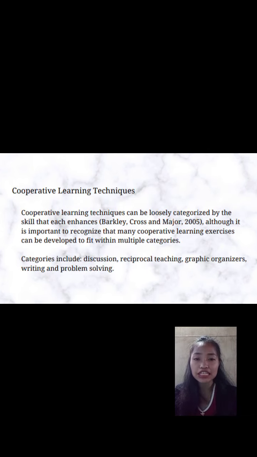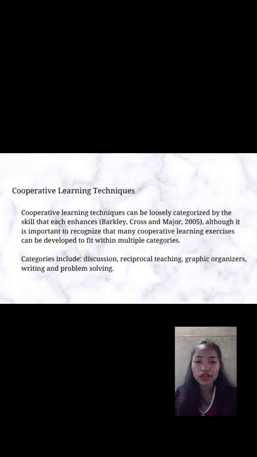Cooperative learning techniques can be loosely categorized by the skill that each enhances, although it is important to recognize that many cooperative learning exercises can be developed to fit within multiple categories. Categories include discussion, reciprocal teaching, graphic organizers, writing, and problem solving.